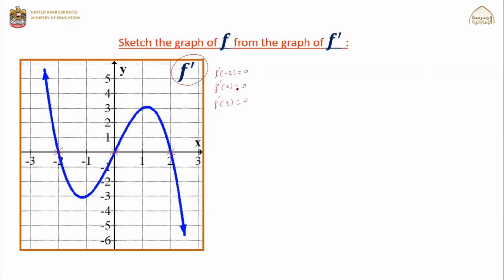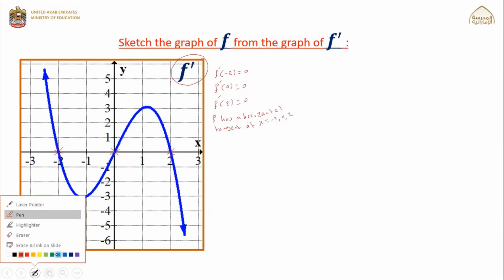What does that mean? That means the function f has a horizontal tangent at these points: at x equal -2, at x equal 0, and at x equal 2. So f has a horizontal tangent at x equal -2, 0, and 2.